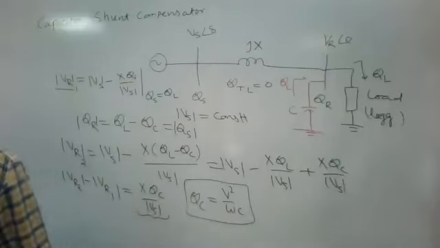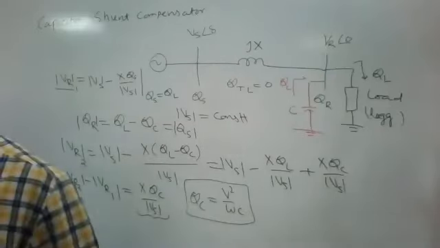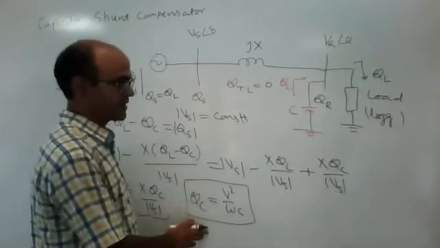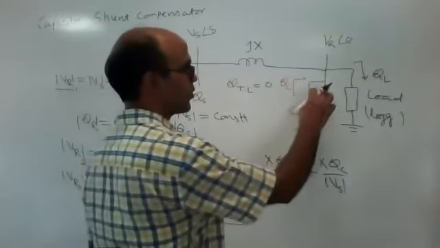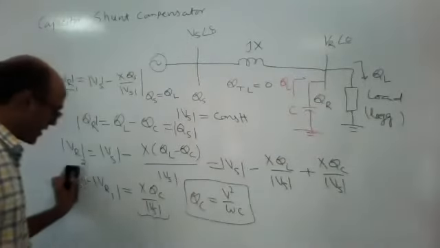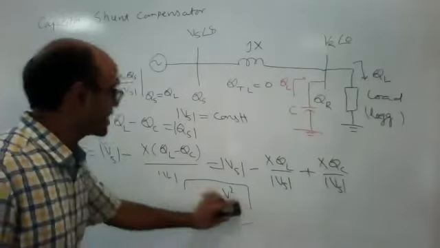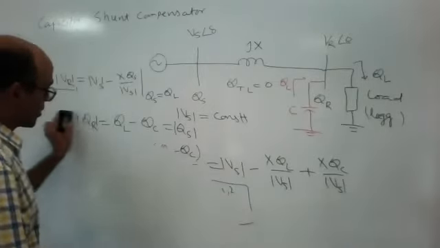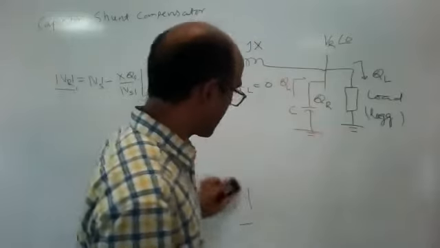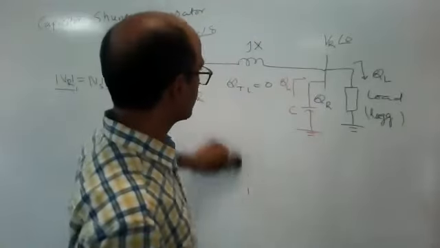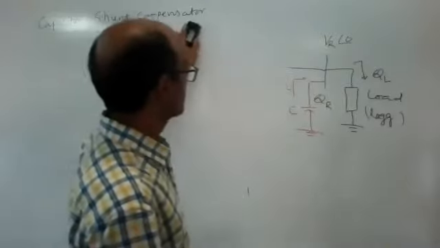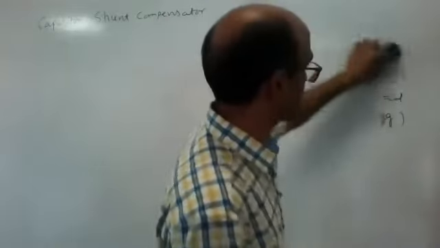Now the second observation. The first observation is that it will improve the voltage at the receiving end. Another effect we can observe in the transmission line is voltage regulation. So we will also see how it affects voltage regulation.